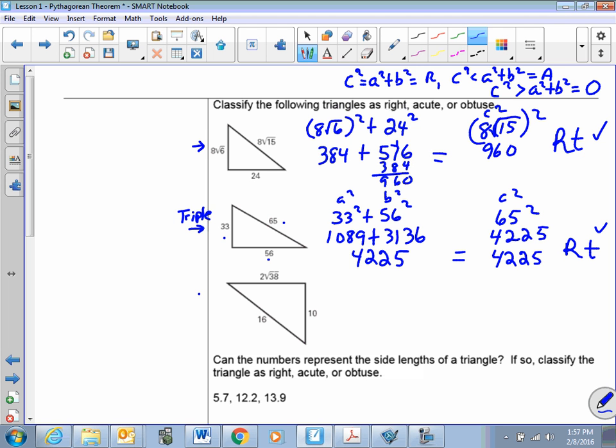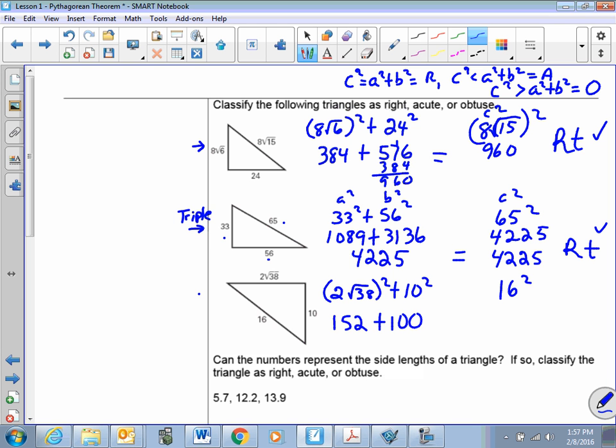All right, let's do this one here. 2 times the square root of 38 squared plus 10 squared is a squared plus b squared, and then c squared is 16 squared. So let's see what we got. 4 times 38 is 152, plus 100.